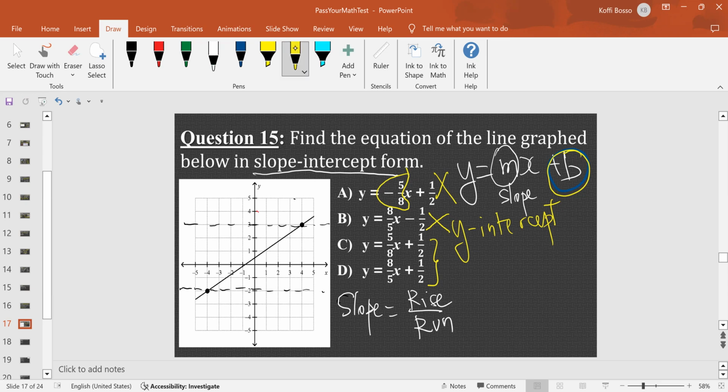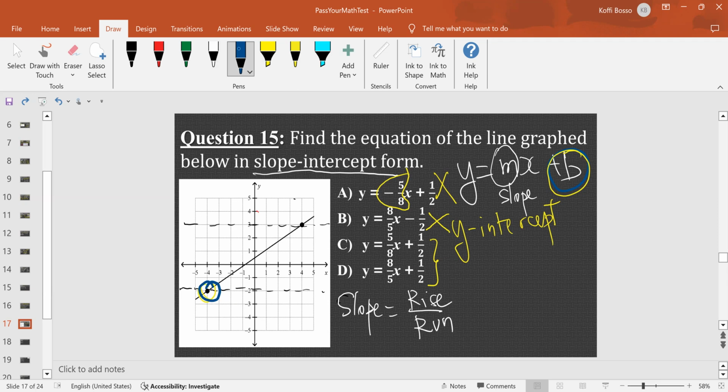That means what? From this point, I will try to move to the other point, but the condition is that I have to move first vertically and then horizontally. So for rise, we move vertically.